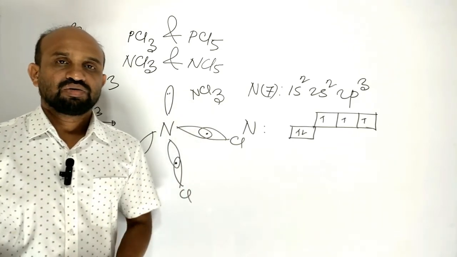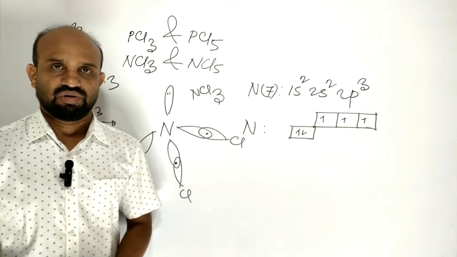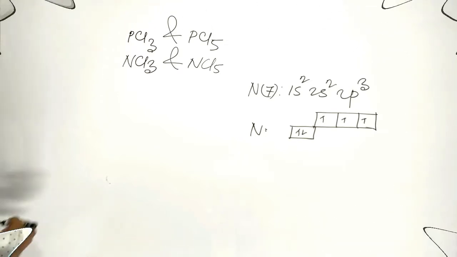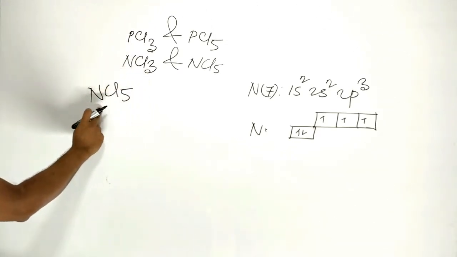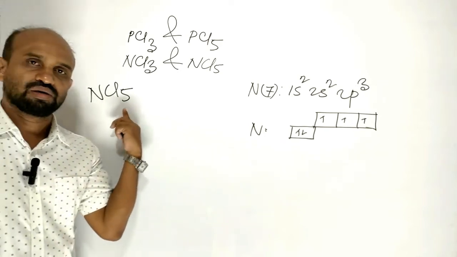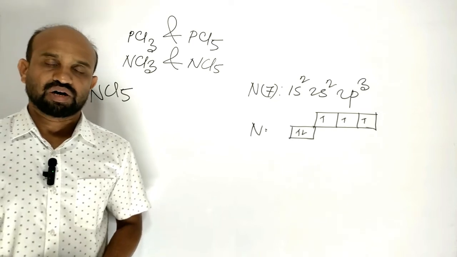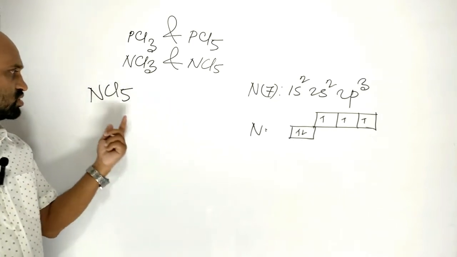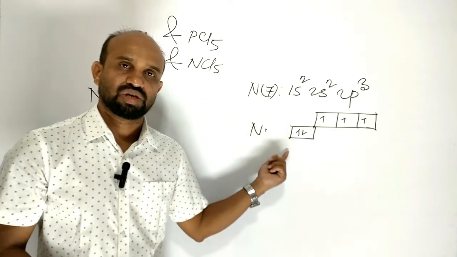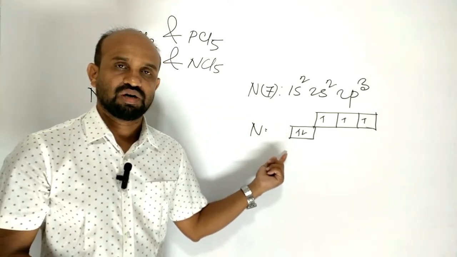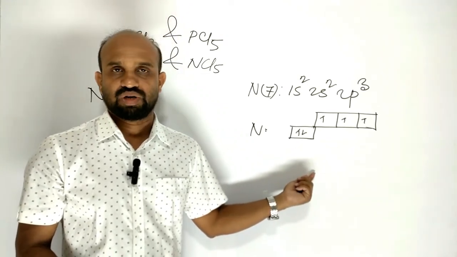Now let's see whether nitrogen pentachloride formation is possible or not. To form nitrogen pentachloride, nitrogen would have to carry 5 unpaired electrons. But in the outermost shell of nitrogen, there are 3 unpaired electrons and 1 pair of electrons.